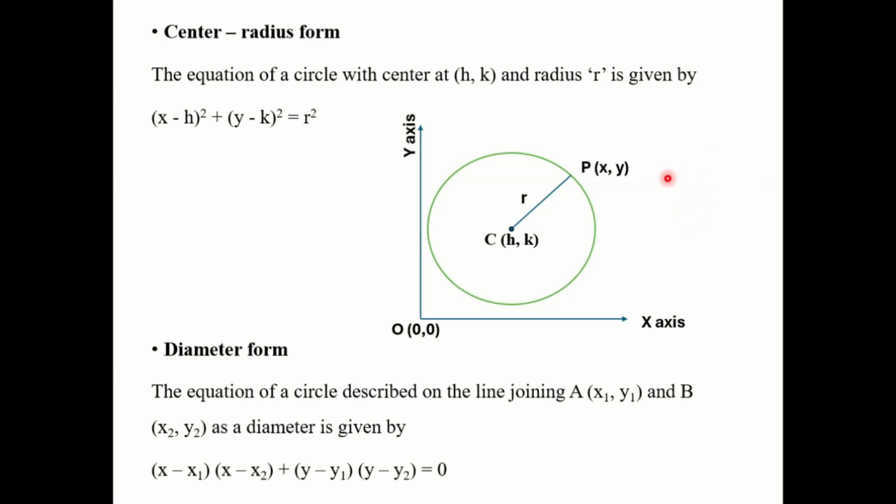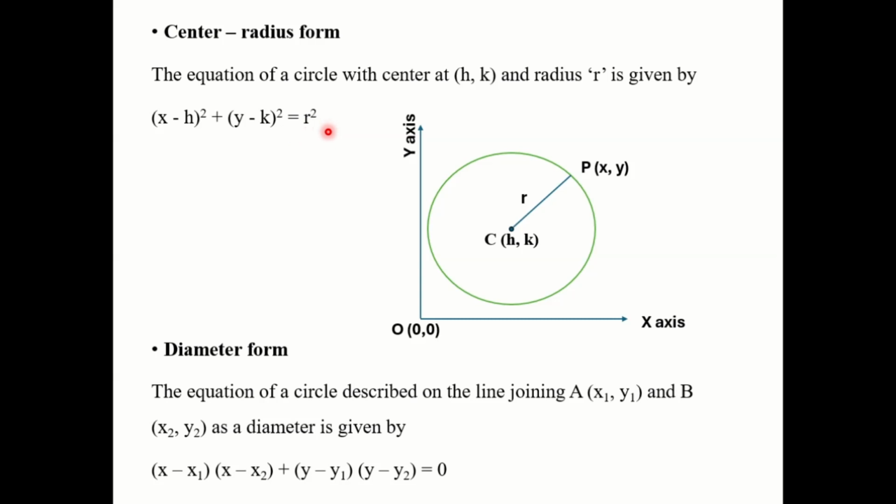Why? Because we know the coordinates of C and coordinates of P, and CP is the radius. To find out the radius, we are applying the distance formula, where x2 is x and x1 is h, means x minus h bracket square plus y minus k bracket square is equal to r square. This is the center radius form. When center and radius are given, how to find out the equation of circle? By using this center radius form, that is x minus h bracket square plus y minus k bracket square is equal to r square.